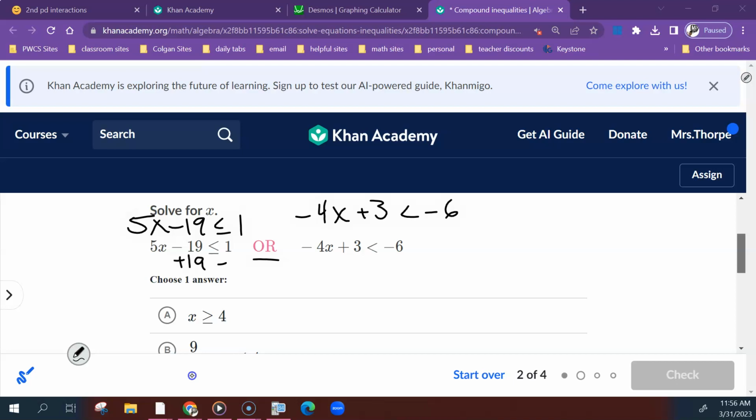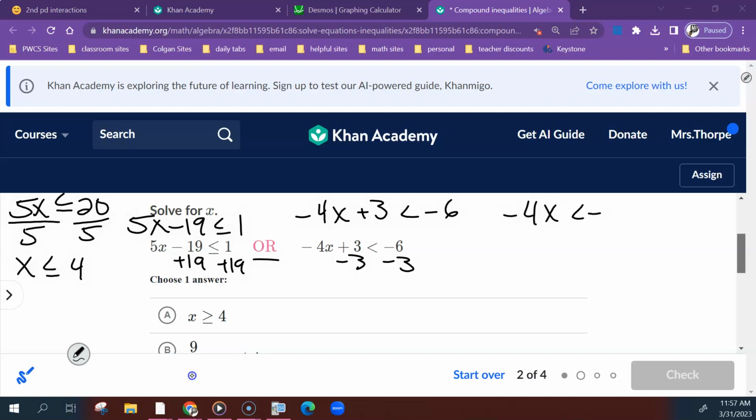So add 19. Divide both sides by 5. And then for the other, subtract 3. Divide both sides by negative 4. The sign is going to change directions.